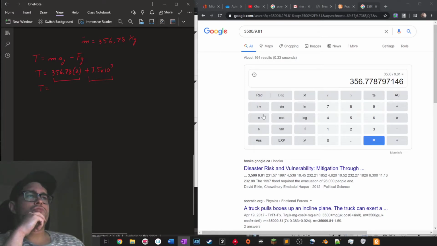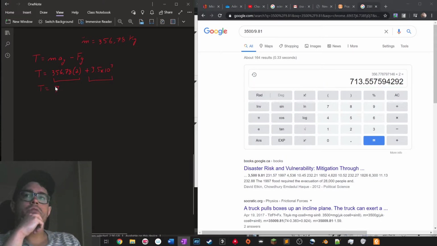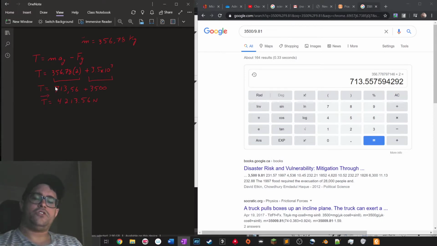So this times 2 equals 713. All of these numbers should be written down when you do math or physics, because then if there's a mistake or we're asking questions, you can come back to your calculations. 4,213.56 Newton. This is a vector, tension vector.